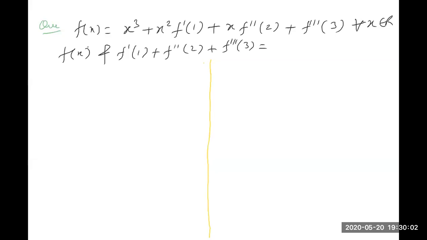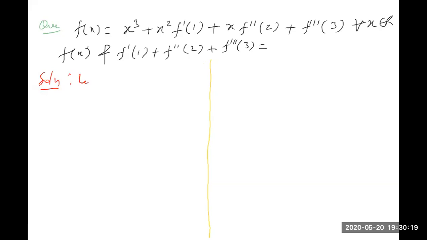In this case, simple method. Again here, see this solution very carefully. Solve, see it first, everybody. Let us consider, when I'm differentiating and replacing x with 1, can I say f dash 1, etc. are constants?